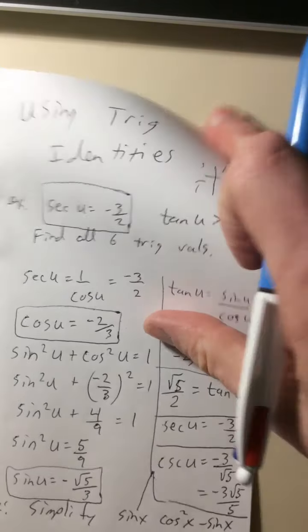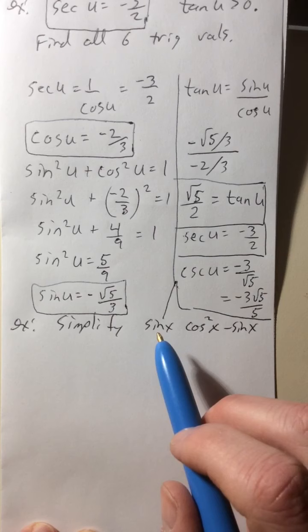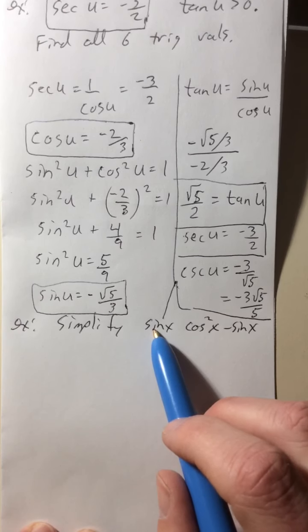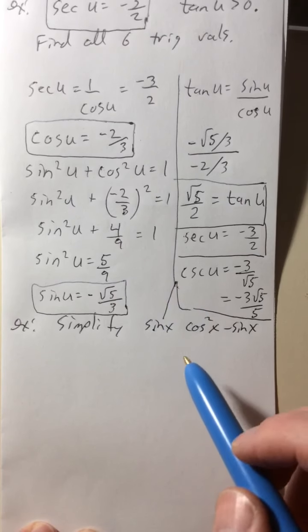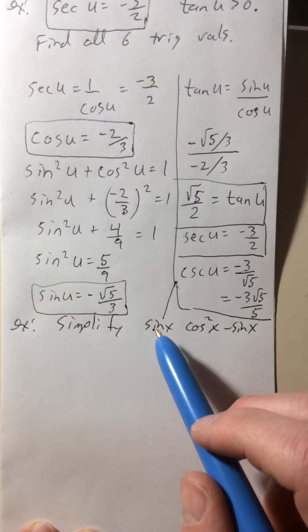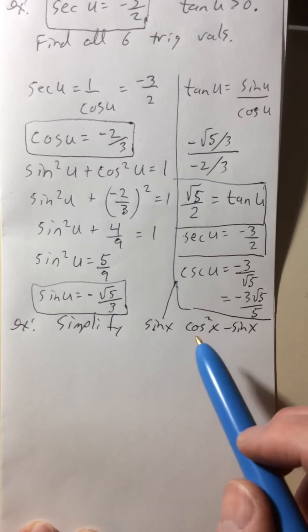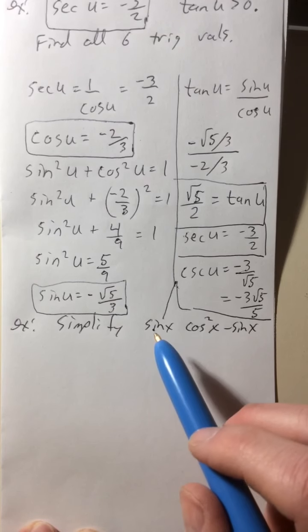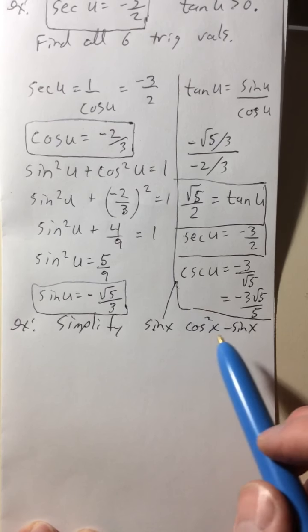All right, so next we're going to simplify this expression right here. So here we see that we have sines and cosines, but what we want to do is make them all into the same function. We have more sines than cosines, and we know something about a cosine squared.